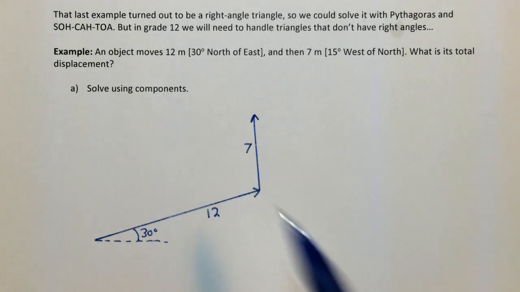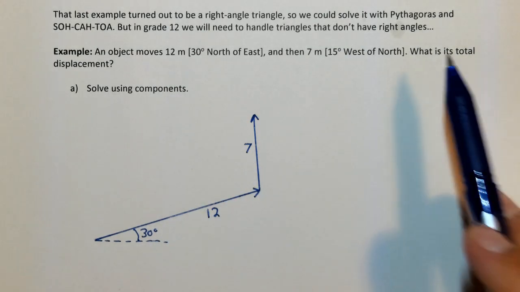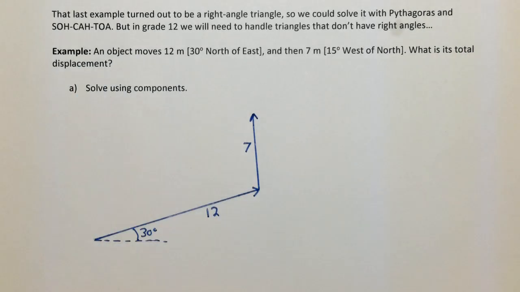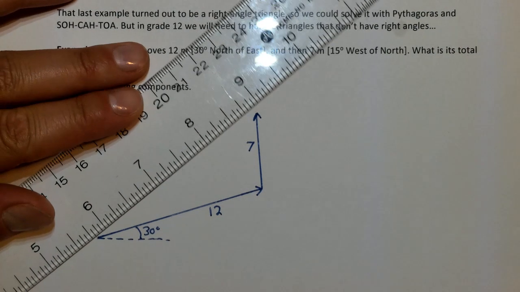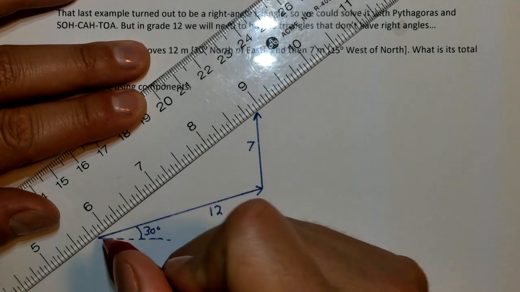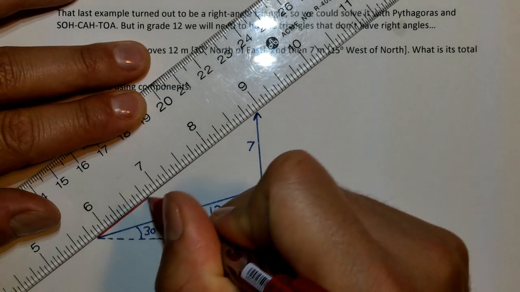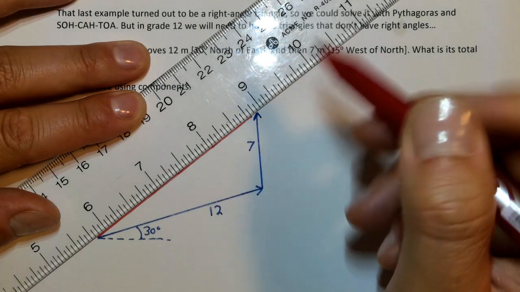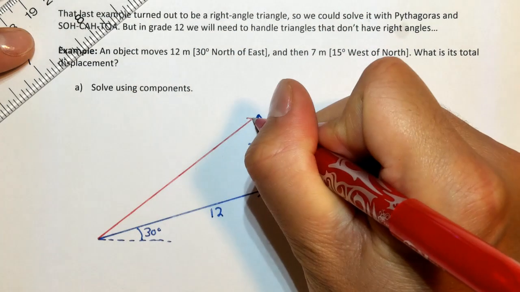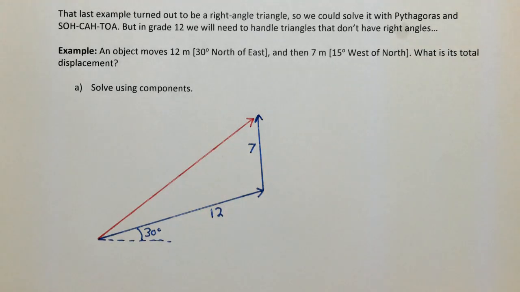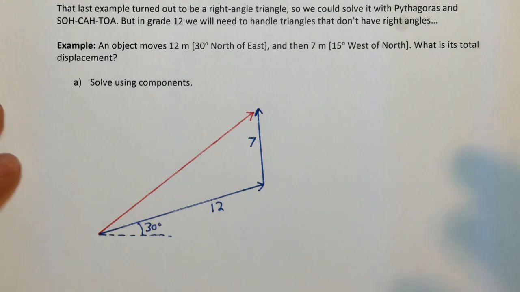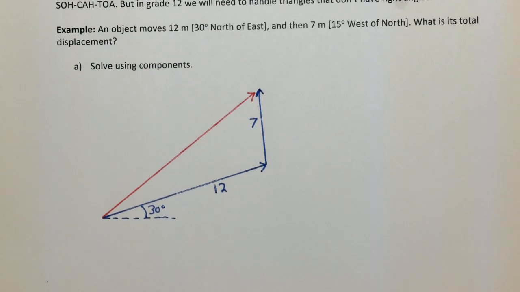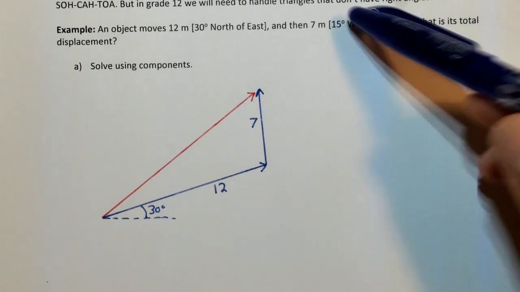Adding those two vectors together should give me the resultant, or the total displacement, which I'll do in red. Remember, the resultant from a vector addition problem goes from start to finish. I'll just add in this 15 degrees here.